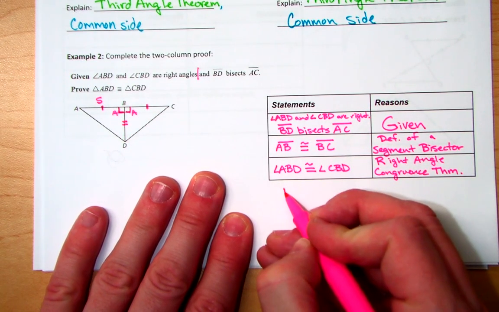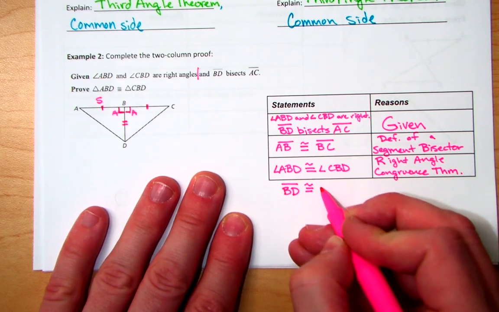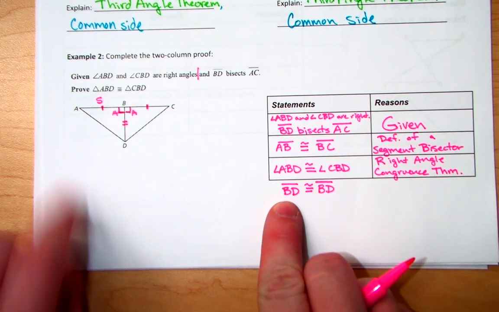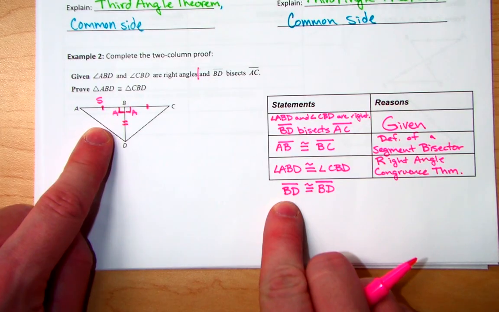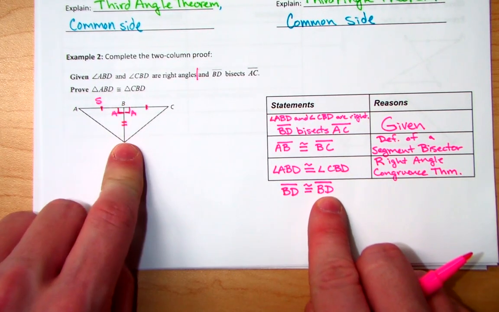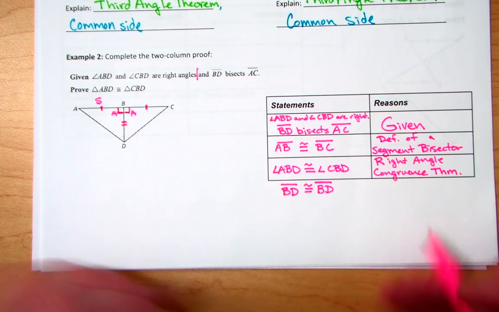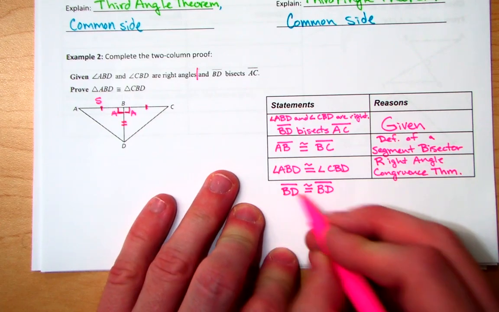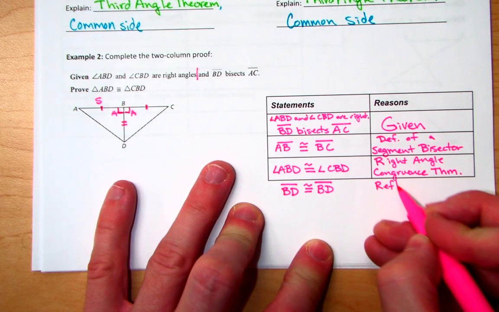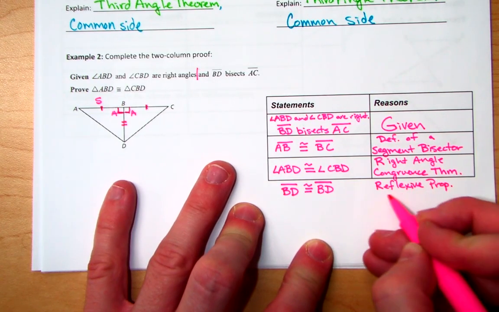So we're going to say segment BD is congruent to segment BD. This BD might be talking about the triangle on the left. That BD is talking about the triangle on the right. But they both have side BD. So we're showing that they share that side, that they have another congruent side. And this is actually something that is congruent to itself. So that is actually the reflexive property of congruence.